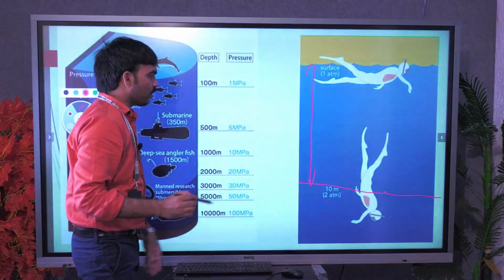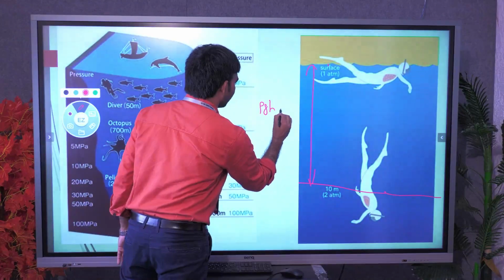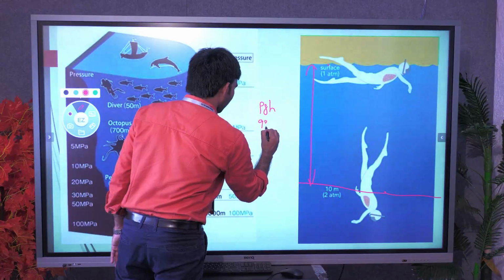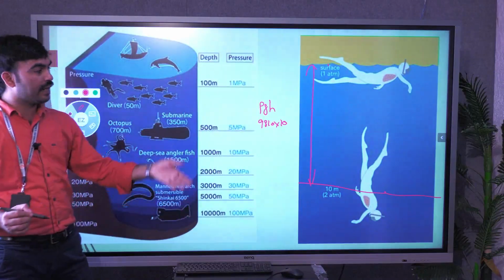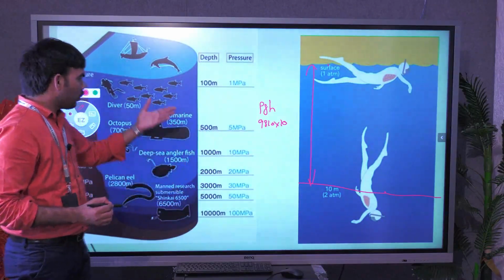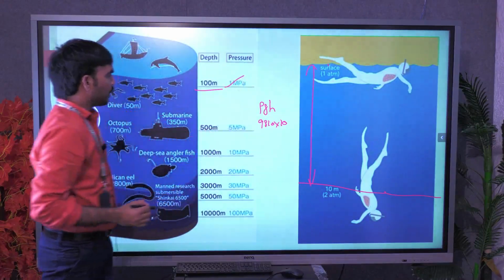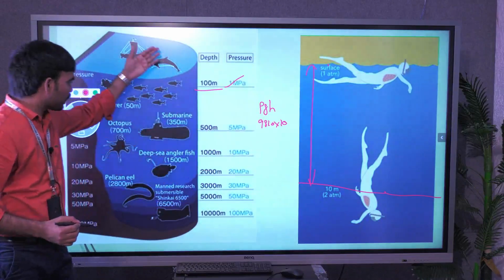What is the pressure acting on me? It is atmospheric pressure plus rho g h, with h being 10 meters, right? This is the additional pressure that will add. So if you go deeper and deeper, for example 100 meters below it is 1 MPa, and if you go deeper, the pressure keeps on increasing.